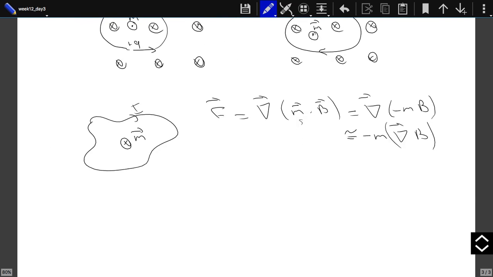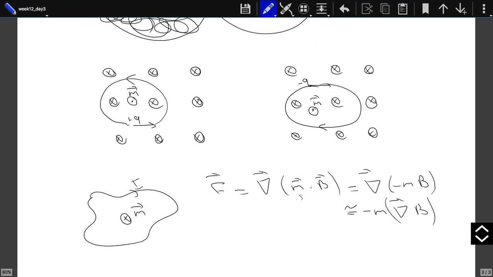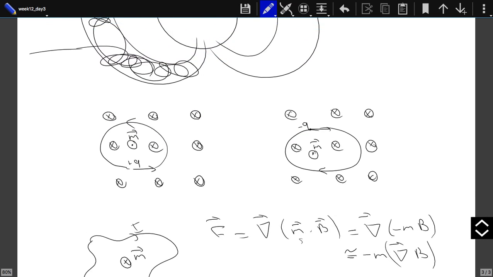Okay, so let me repeat this. We have these point particles. Well, they are not current loops, but nevertheless, we can assume on the average that they form some loops. And corresponding to these loops, we can assign some magnetic dipole moment. And this magnetic dipole moment will be pointing in the opposite direction of the B field. Okay?